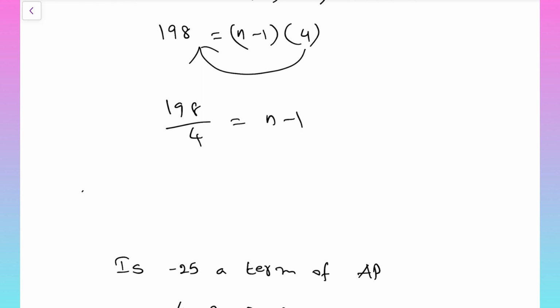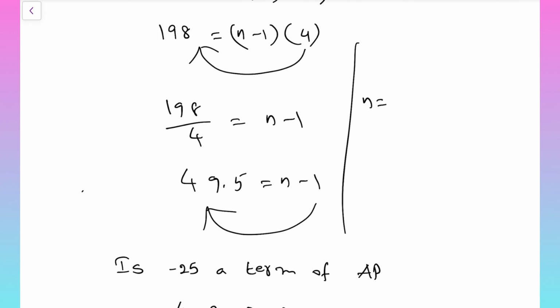So here 198 by 4, if we do division, we won't get a natural number. Instead of that, we will get some decimal. That is 49.5 is equal to N minus 1. Minus 1, if we take to the other side, it becomes plus 1. Then N is equal to 49 half plus 1, that is 50 half.